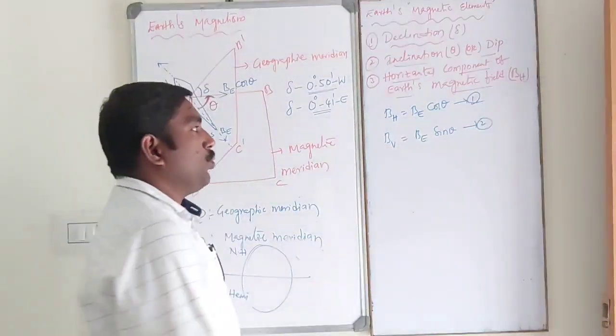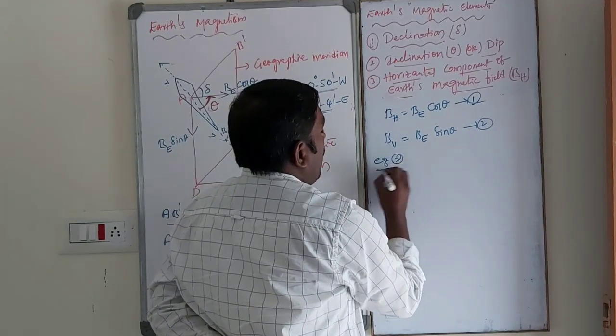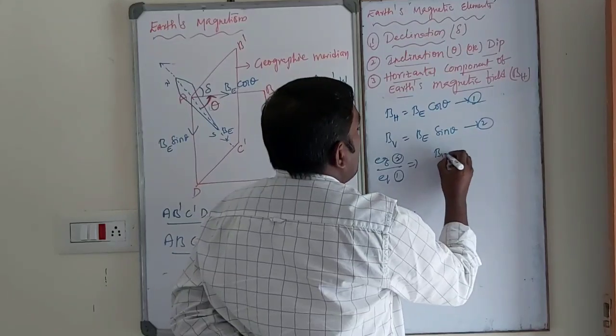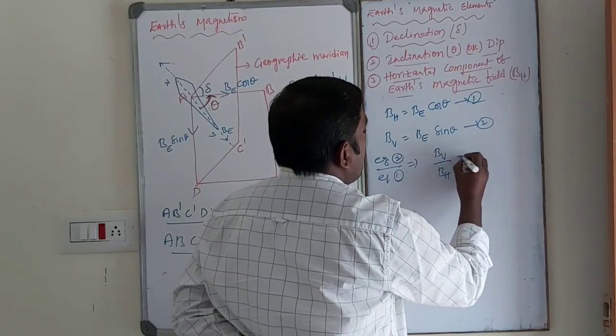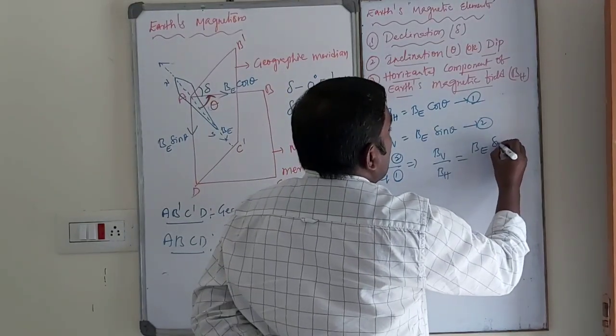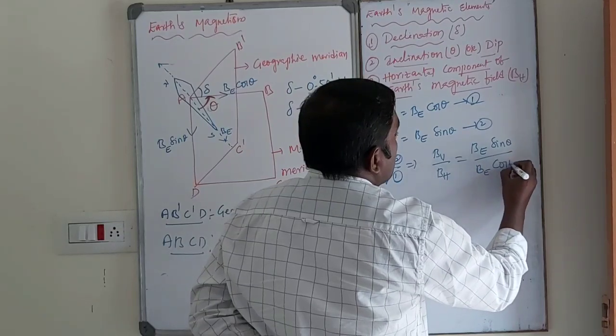So dividing equation 2 by equation 1, BV by BH is equal to BE sin theta by BE cos theta.